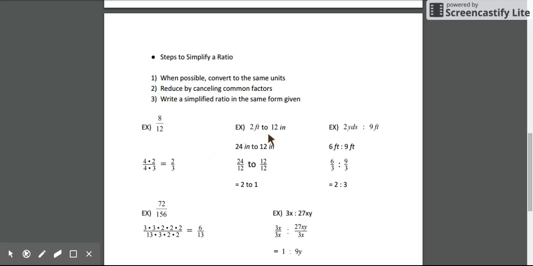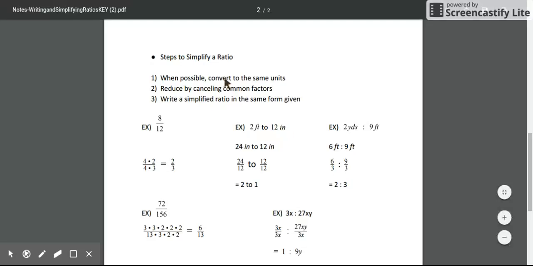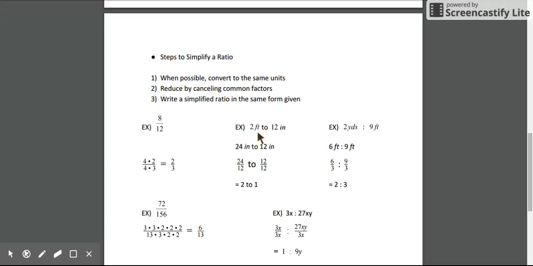Here's an example in word form, and we're given 2 different units. So my first step is to make sure I rewrite my ratio in the same amount of units. And it doesn't matter which units you convert them to. If I wanted to convert these to feet, I could say 2 feet to 1 foot, and then I would be done. It's a 2-to-1 relationship. If I go a slightly longer route and convert them to inches, 2 feet is 24 inches.